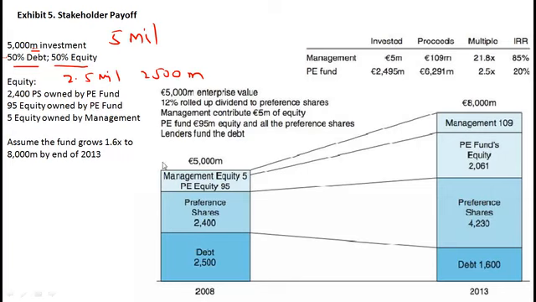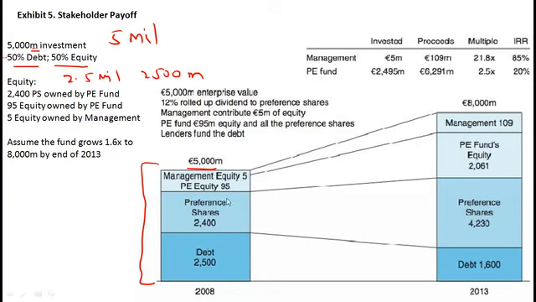So that is all depicted in this picture over here. Initially, how much are we investing? 5,000, of which debt is 2,500, preferred shares 2,400, private equity is 95, and the management equity is 5. So everybody gets this?